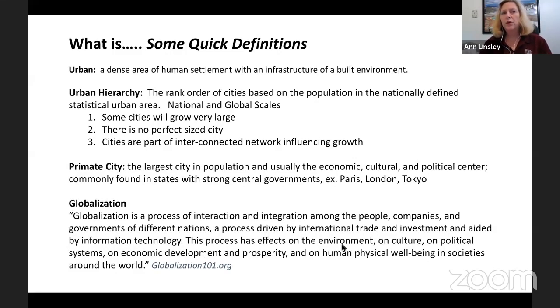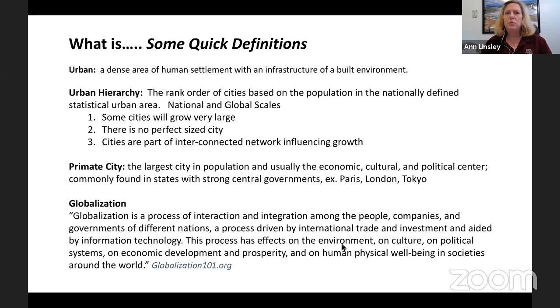Typically, the primate city is the economic, cultural, and political center of a country with a very strong central government. That's not always the case, but in a lot of cases it is. You have this very large, disproportionate concentration of the population that also is where your national ballet may be, and your large Fortune 500 companies or transnational companies.